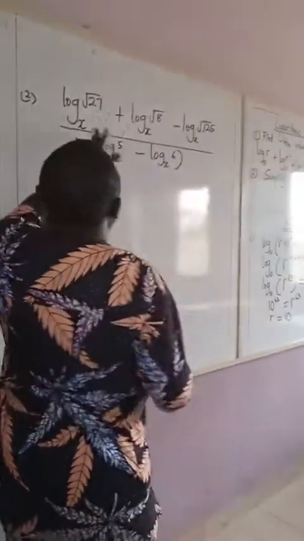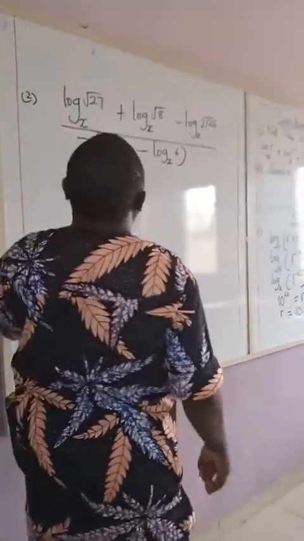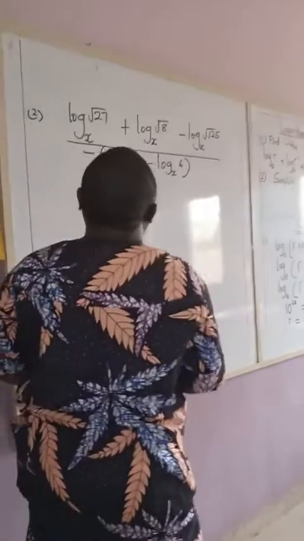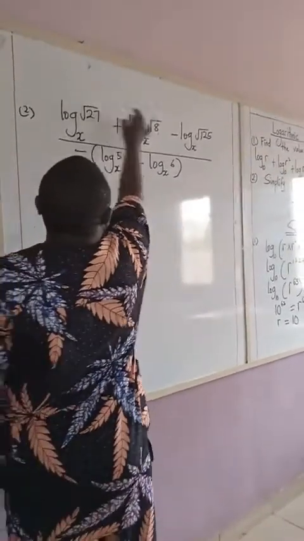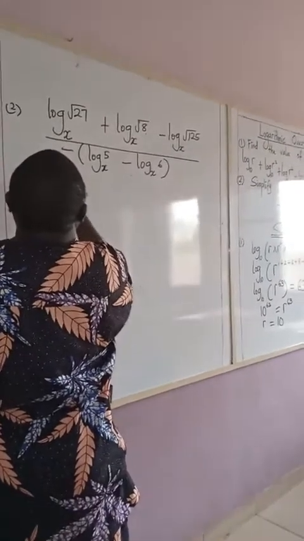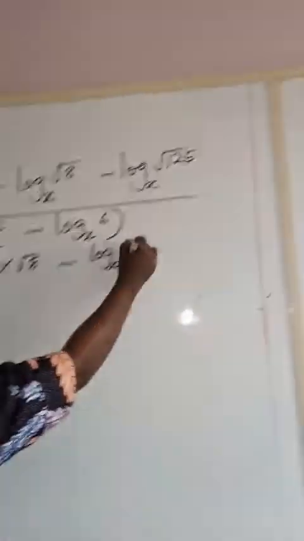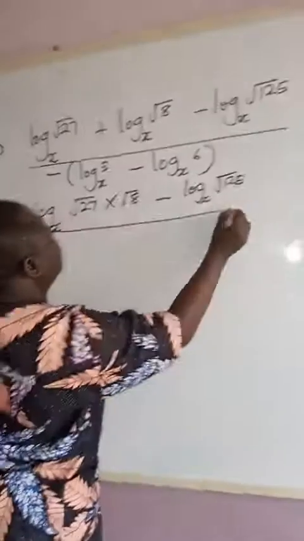Now, we have two logarithms of the same base here to add. So according to the law of logarithm, we are going to add the numbers. So up here we have logarithm in base x of root 27 times root 8, then minus logarithm in base x of root 125, all over.